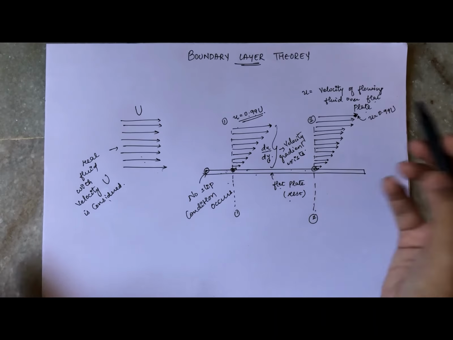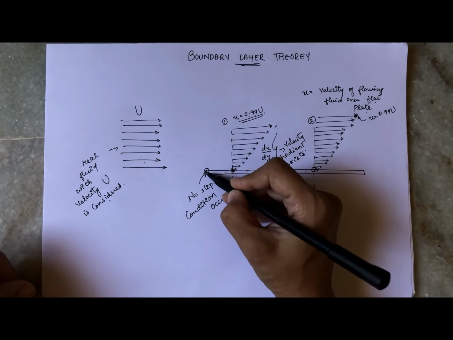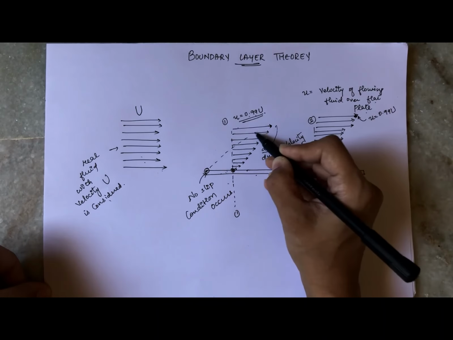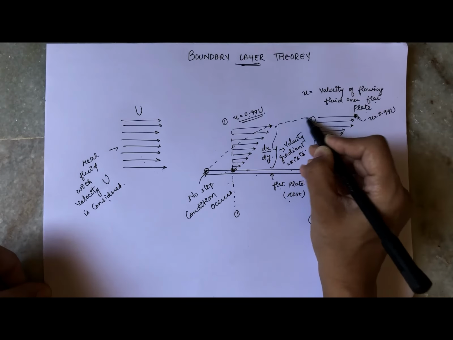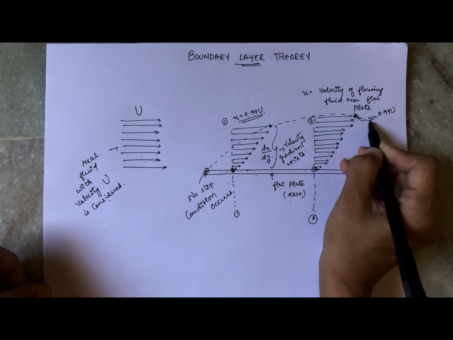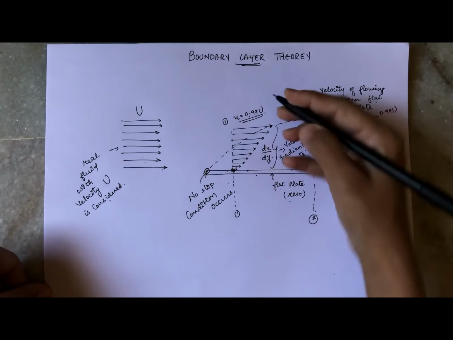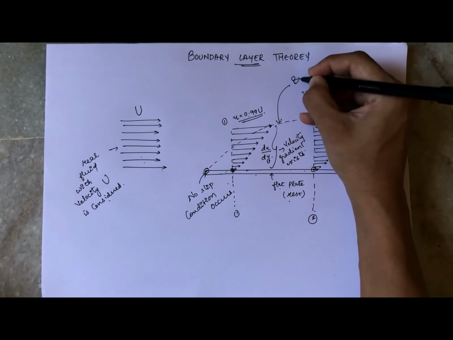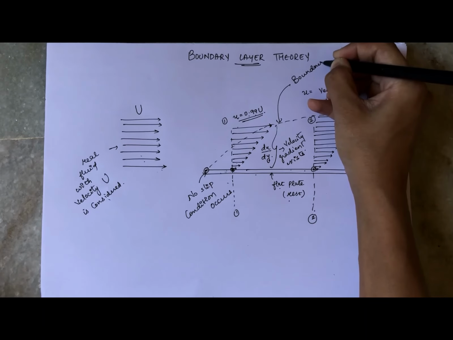Now when such points are connected by an imaginary line, this imaginary line is known as the boundary layer.